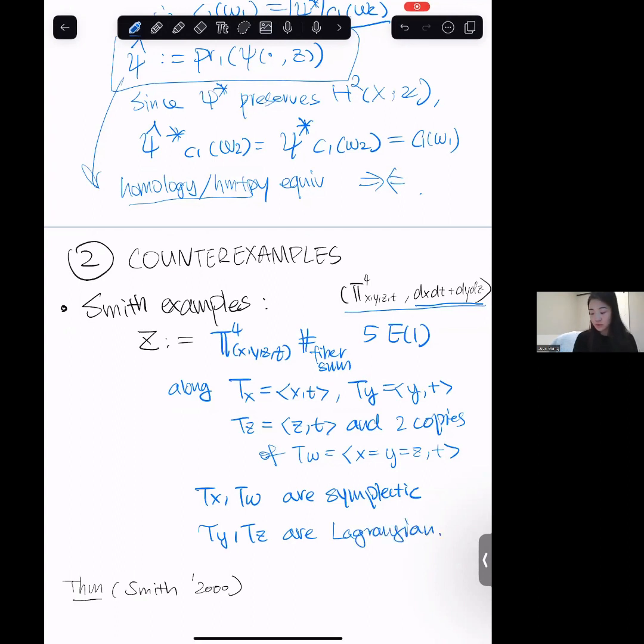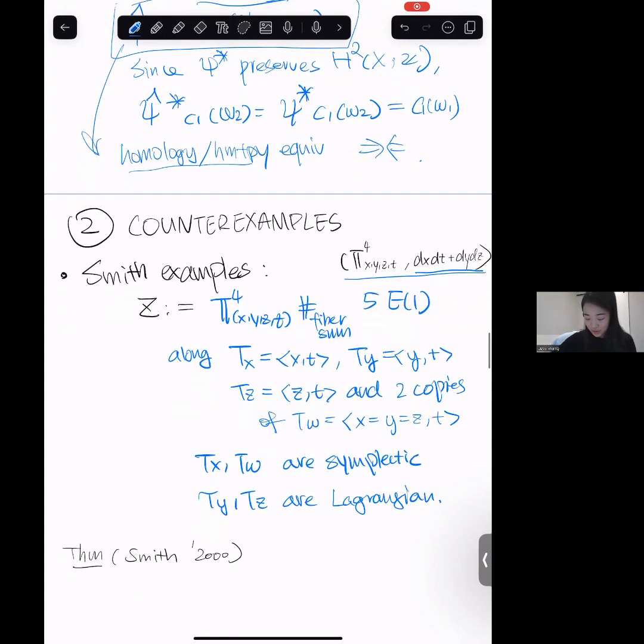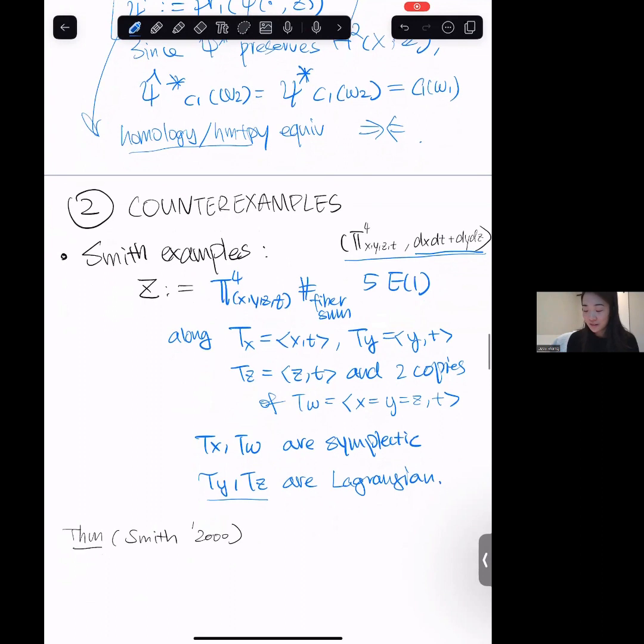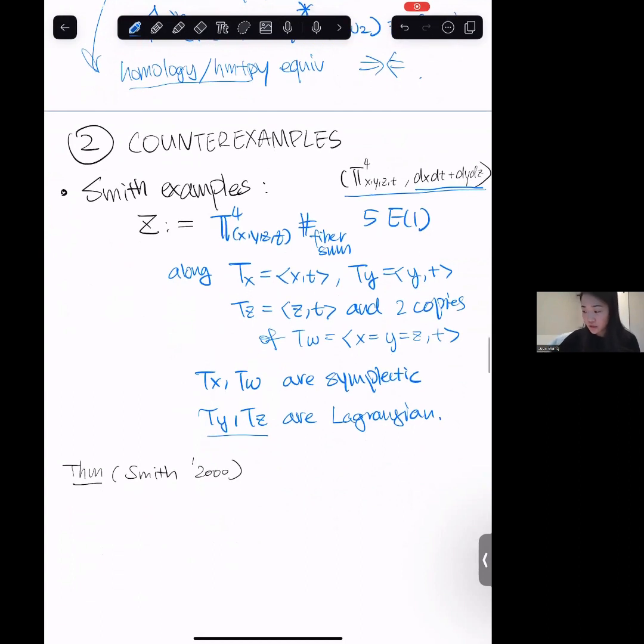In order to give the fiber sum construction that we usually know, Smith needed to perturb these Ty and Tz. The perturbation actually gives you choices of symplectic forms, and this is what he used to construct non-deformation equivalent symplectic forms on the four manifolds.